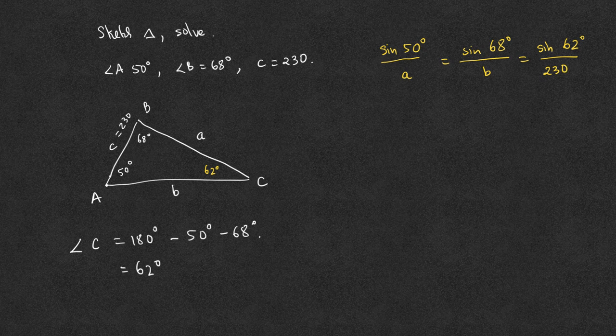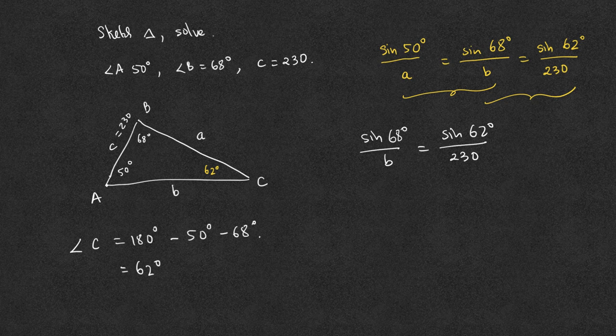They are equal. There are several equations here. The first equation has two unknowns, and the last equation has only one unknown. And so we will use the last equation first. Sine of 68 degrees over b equals sine of 62 degrees over 230.